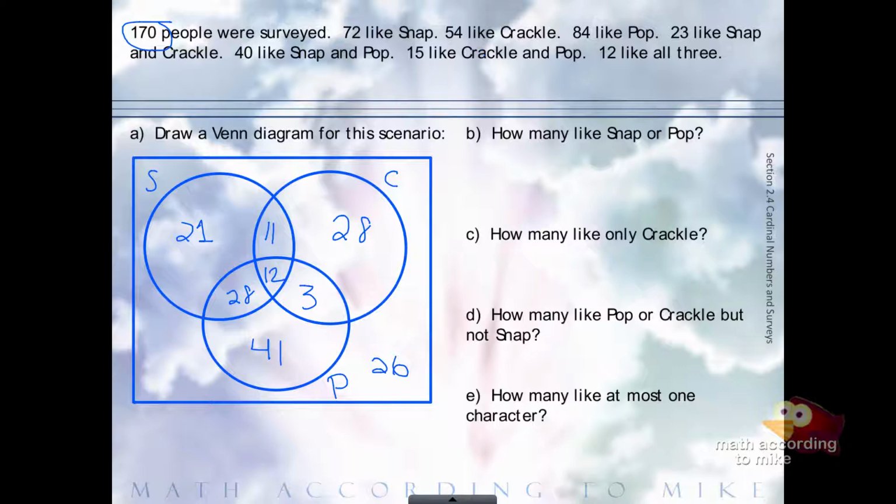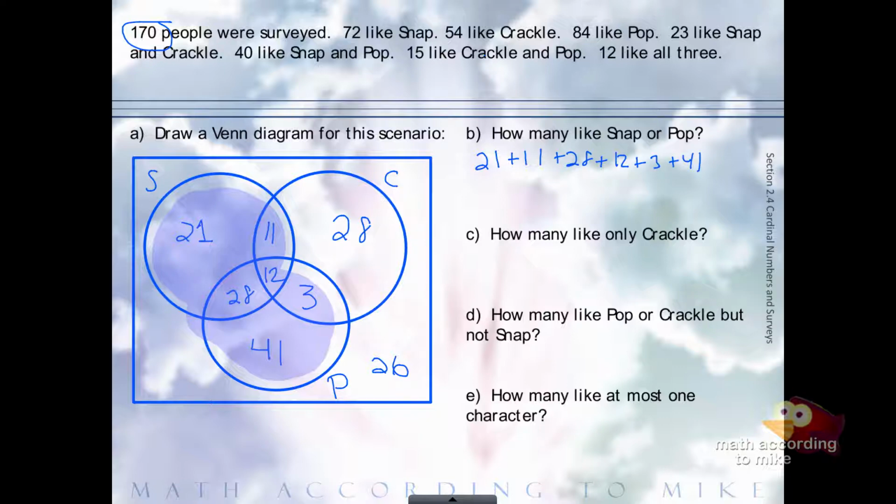So how many like, in part B, Snap or Pop? That means if we had the entire Snap circle and onto that, we also talked about the people that like Pop. So these two circles added together. So we'll say 21 plus 11 plus 28 plus 12 plus 3 plus 41.